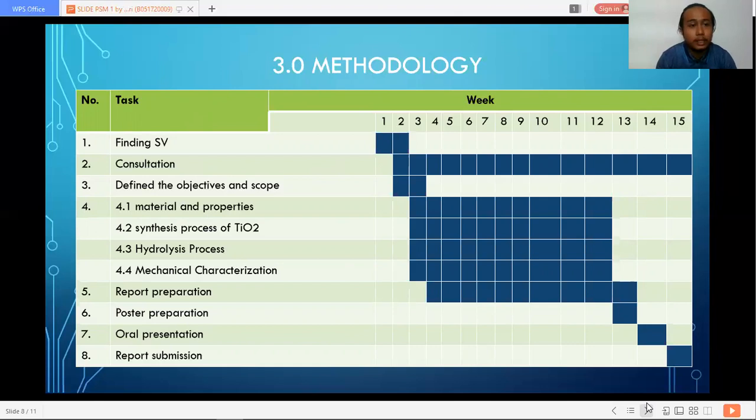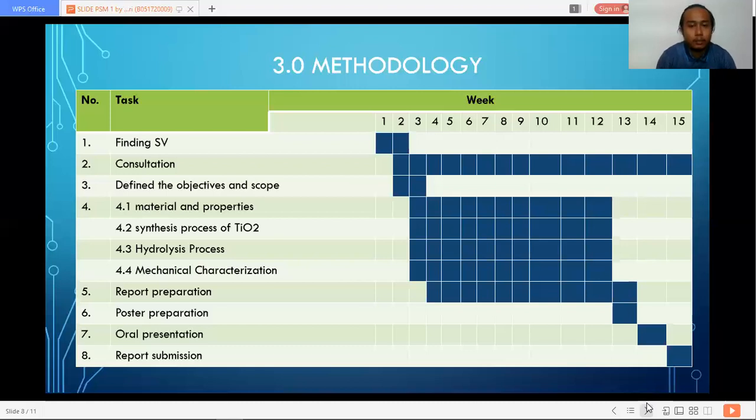And finding literature. We have 4 points here: material properties, synthesis process of titanium dioxide, hydrolysis process, and mechanical characterization of titanium dioxide. This requires from week 3 till week 12.